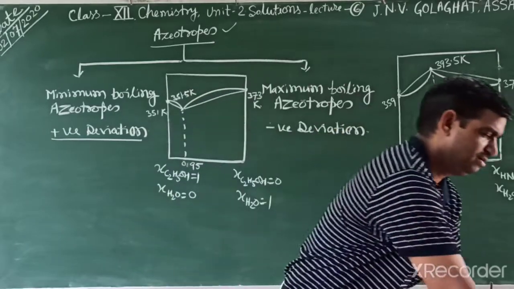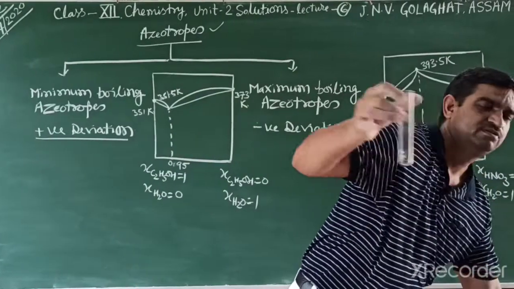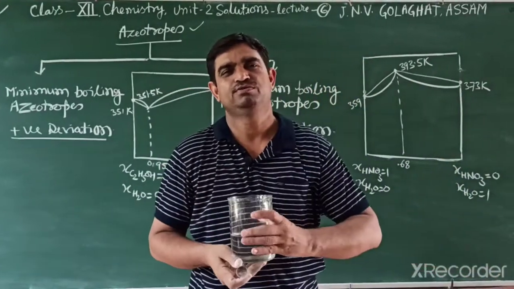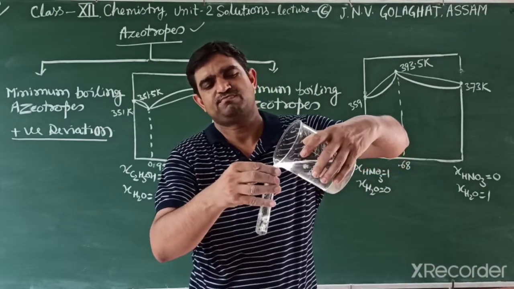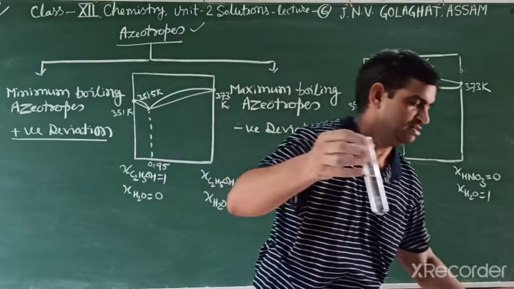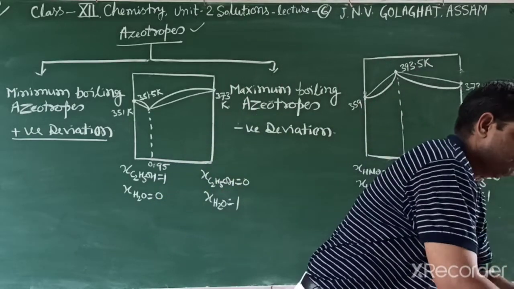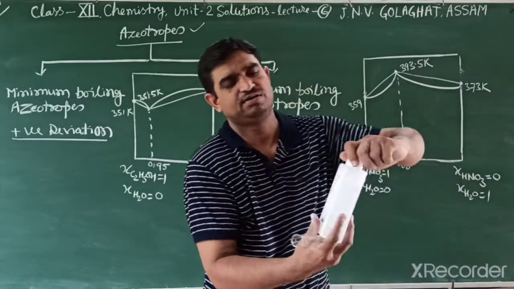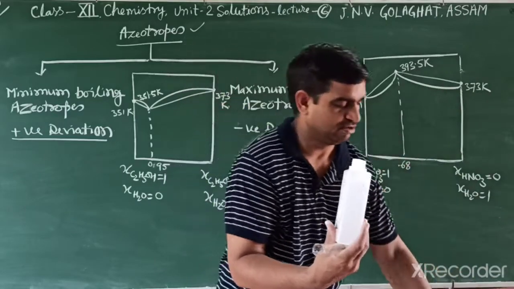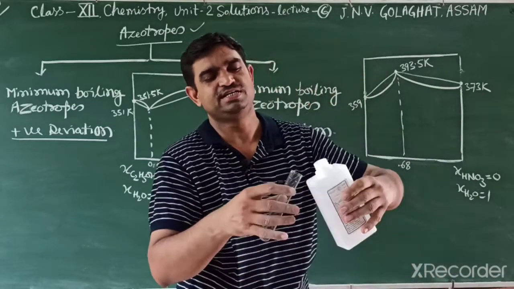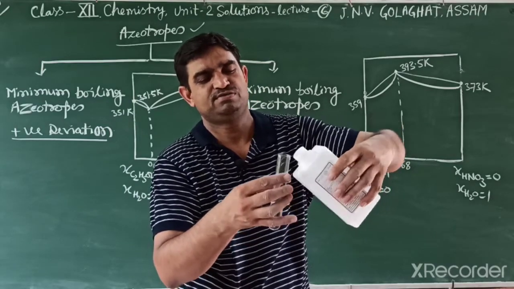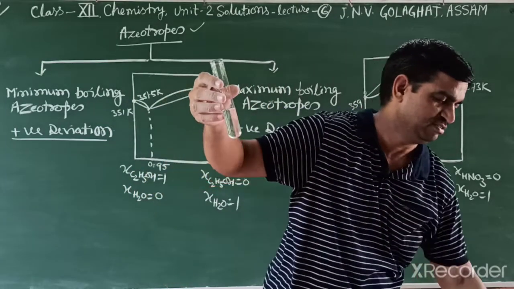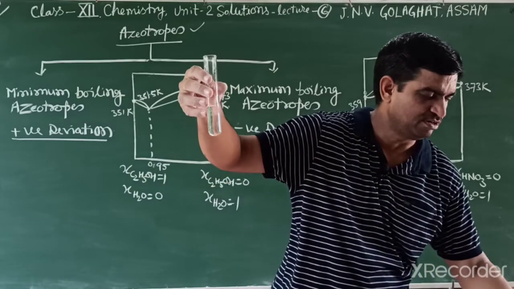For example, if we make a solution of water and ethanol, in one test tube I take some water and in another test tube I take some alcohol, that is ethanol. These days it is used as a sanitizer, a very important compound. This one is ethanol.